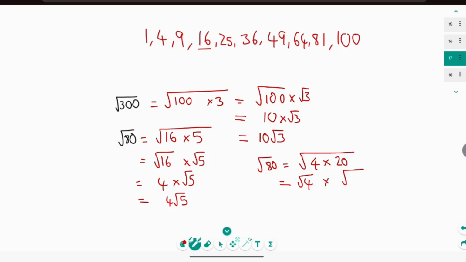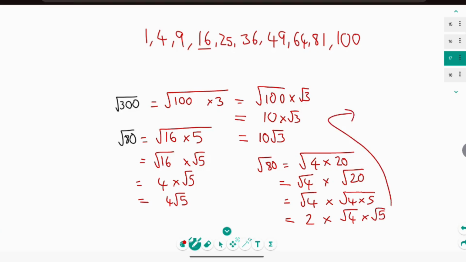So if I look at that root 20, it is actually divisible by 4, isn't it? Root 4 is 2. Root 4 is 2. And can you see we do get the same answer for root 5.